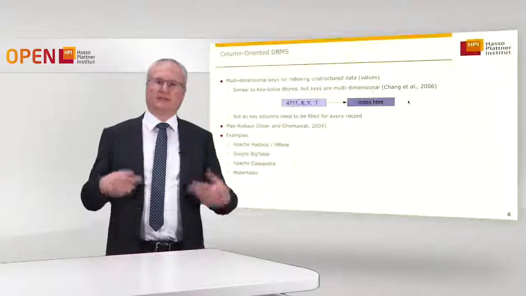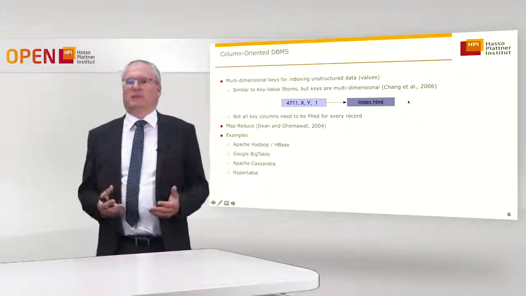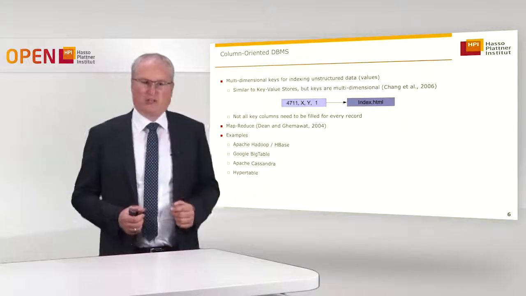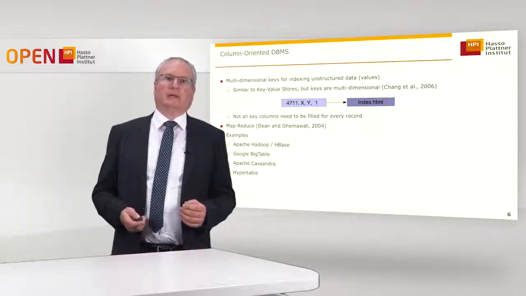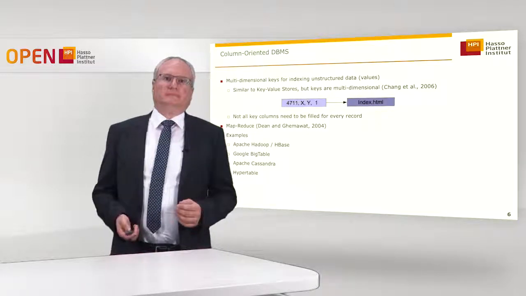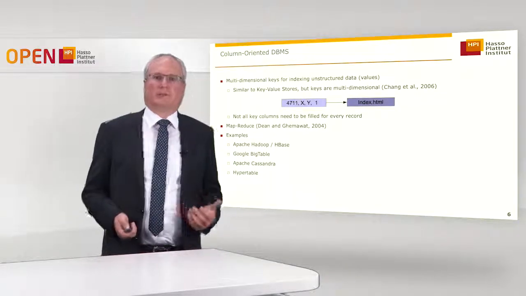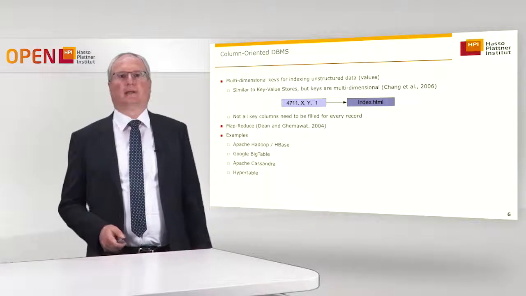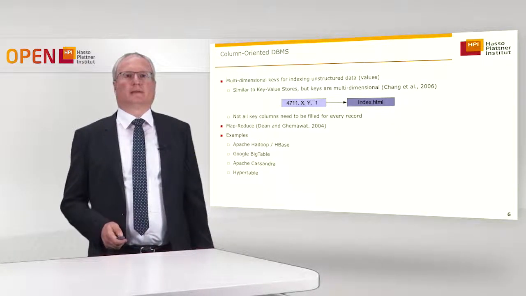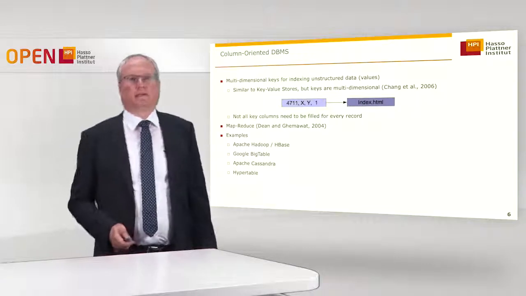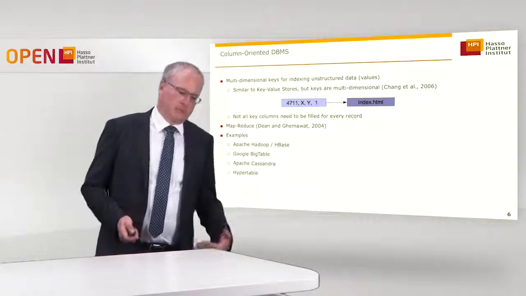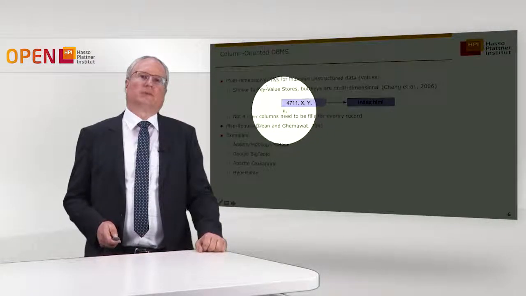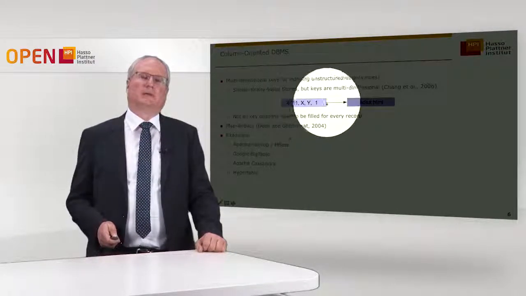That is where it's coming from. It was invented by Google, basically, to store and retrieve the pages in the search engine. Okay, and that was the original publication by Chang from 2006. The idea is that, again, this is not as strict as relational models, since we do not have to have a value for every column in one key.